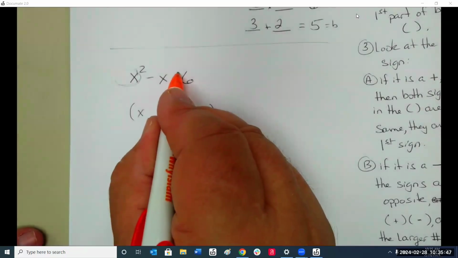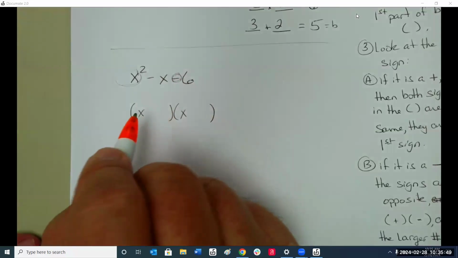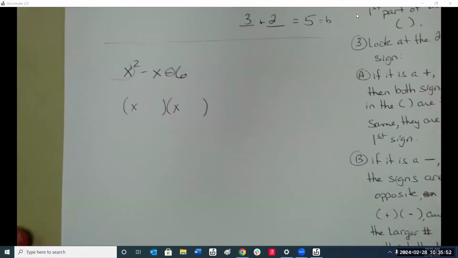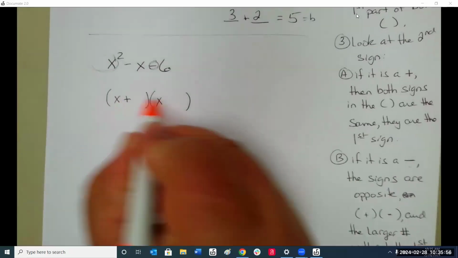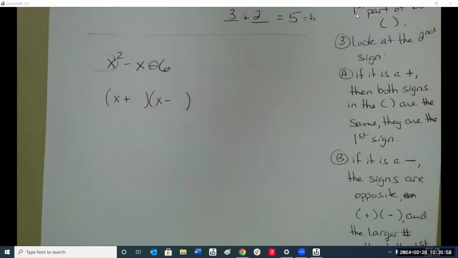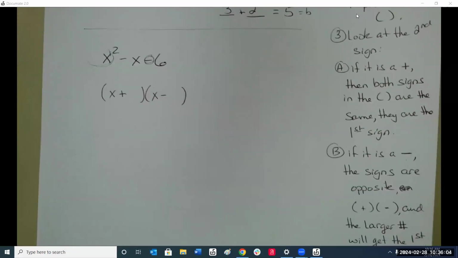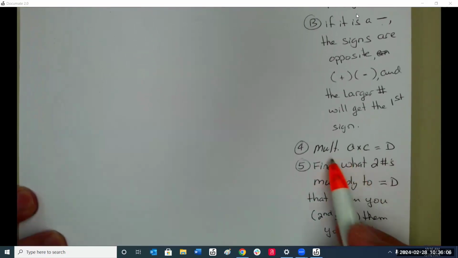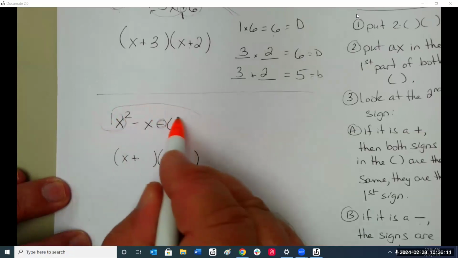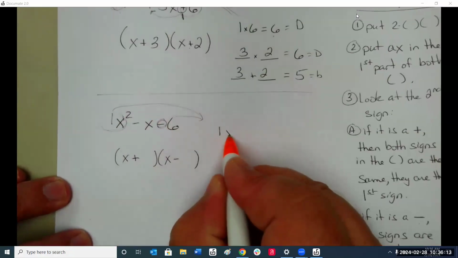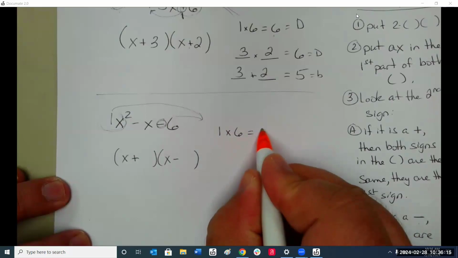Then I look at the second sign. It's a minus. What does that mean? If the second sign's a minus, then they're opposite signs. Okay, so now we multiply A times C. So A is 1. 1 times 6 equals 6.